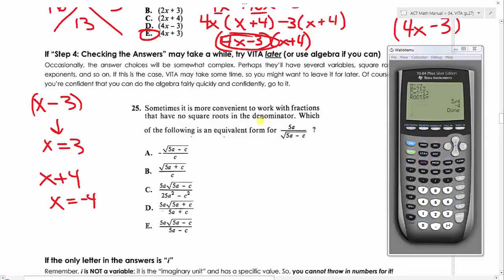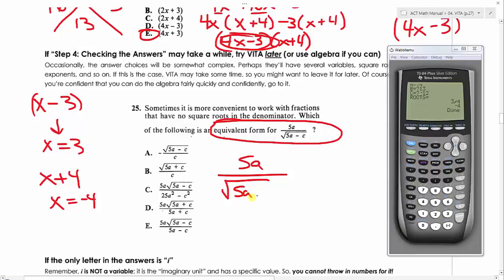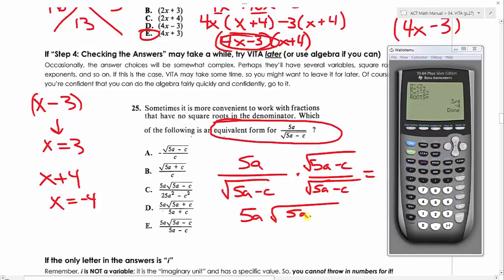Just because it's going to be very time consuming. This question, some of you might not have any problems with algebraically. Some of you might look at it and just freak out. So this says equivalent form for this guy. All this question is requiring you to do is rationalize the denominator. So if we multiply both top and bottom by the radical in the denominator, this is going to end up equaling 5a times root 5a minus c all over 5a minus c.